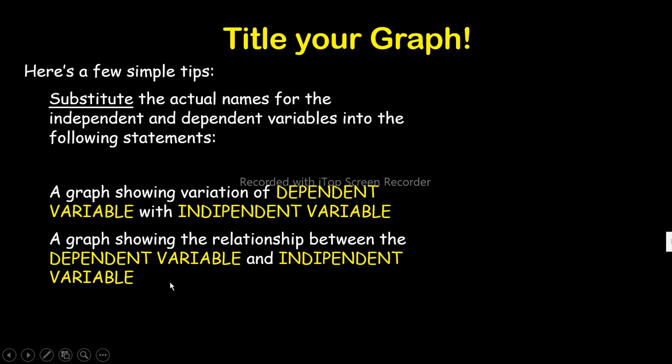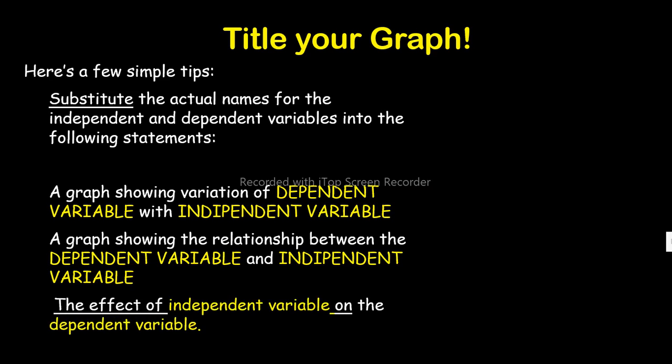Or when this becomes hard and you completely get lost, then you can also write such a title: a graph which shows the effect of the independent variable on the dependent variable. That one also, on a good day, can be marked.